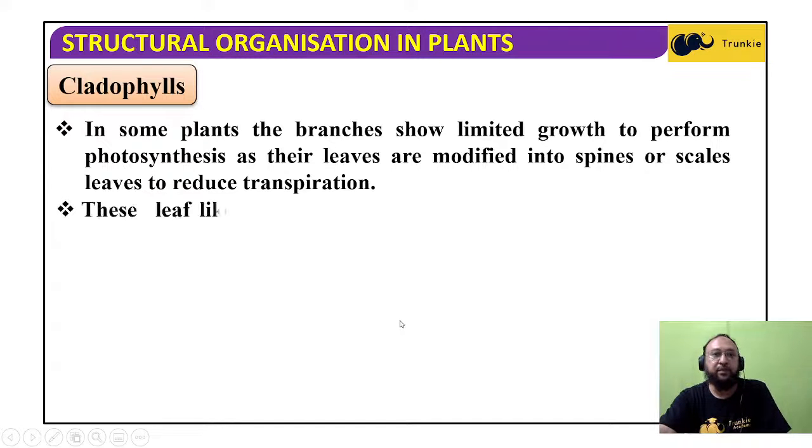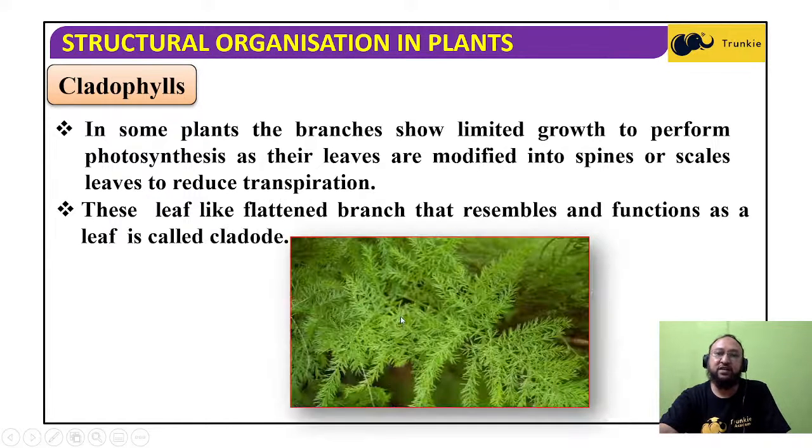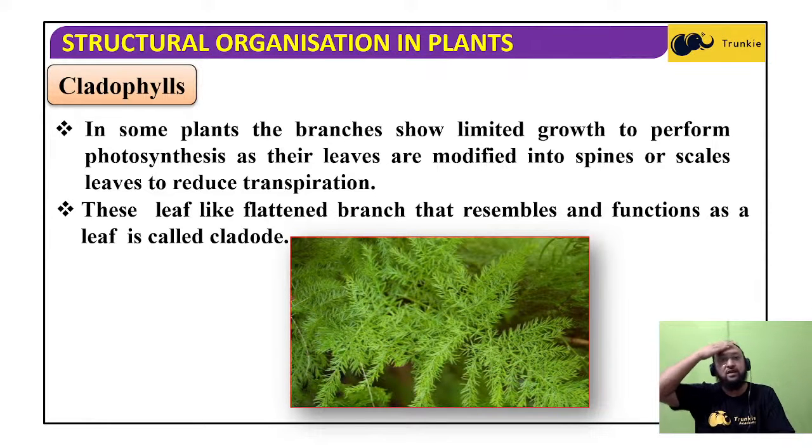Now these leaf-like flattened branches that resemble and function as leaves are called cladodes, or cladophylls. They are actually not leaves, but they function as leaves. They are actually the modified stem, not the leaf.